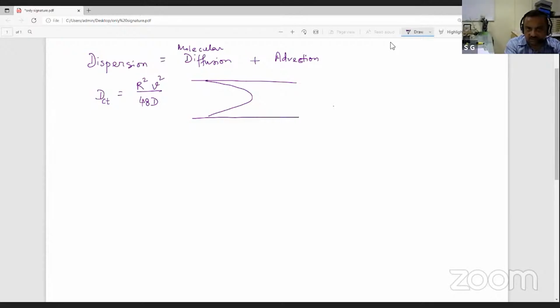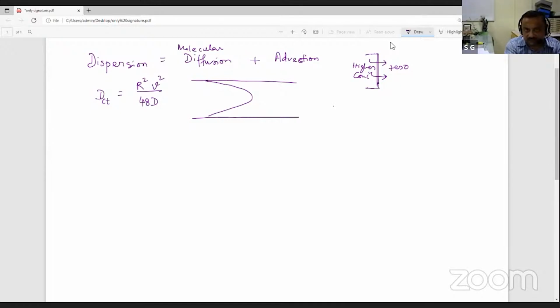So you will end up with not mere diffusion across a front. This side you have higher concentration, this side you are having zero concentration, and as if there is molecular diffusion happening from higher concentration to lower concentration. This was our conceptual understanding of movement of a front, movement of a plug through a capillary.